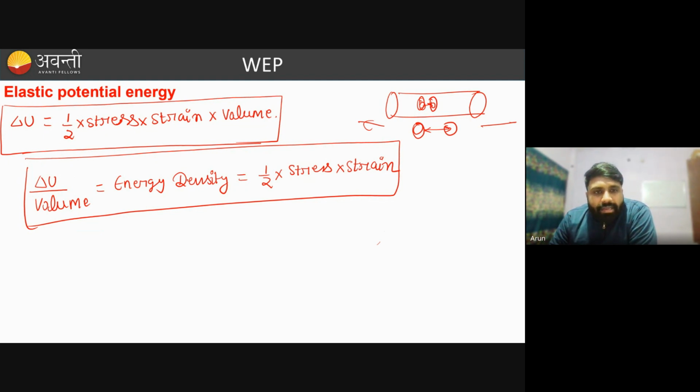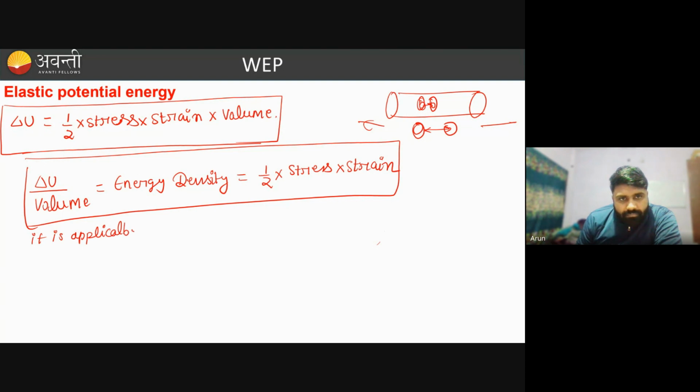If you want to calculate it per unit volume, this is applicable for all types of stress and strain.